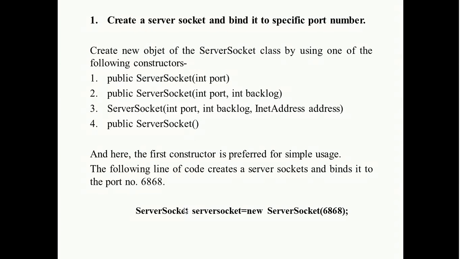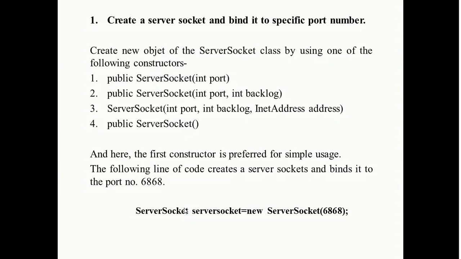See all these steps one by one in detail. First step, create a server socket and bind it to the specific port number. Create a new object of the ServerSocket class by using one of the following constructors. So in the first step, first create a ServerSocket class object using any constructor.